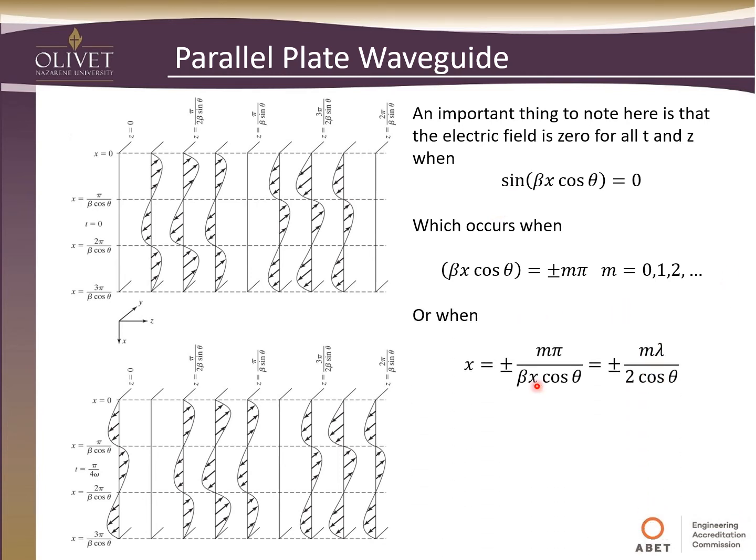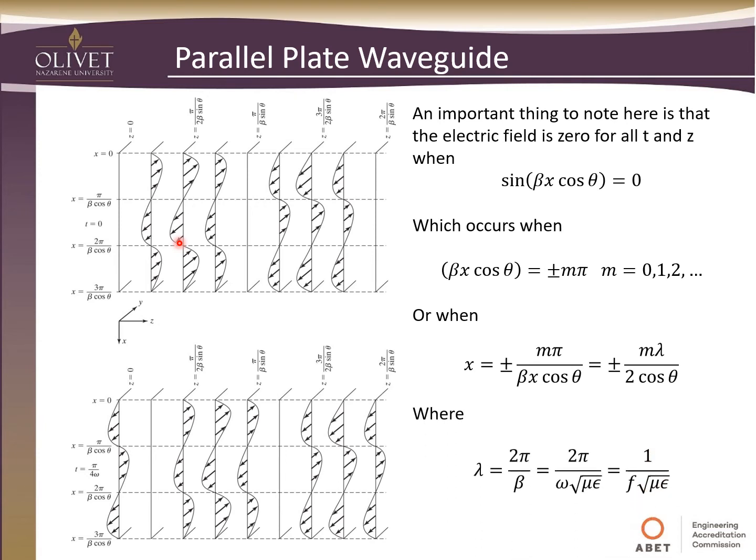This also occurs for values of x, up and down, that's our x direction, of m pi over beta cosine theta, which, doing some substitution, is m multiples of the wavelength over 2 cosine theta. So that means that these nodes here are always 0. There's never anything happening there with the electric field at those points.